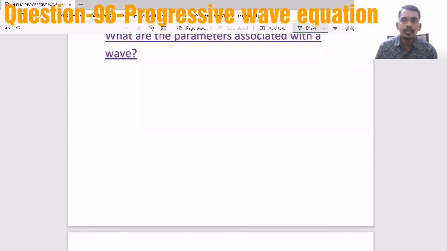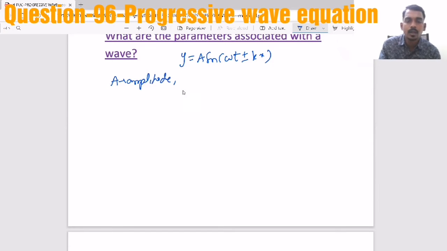Now, what are the parameters associated with a wave? As we have taken y equal to a sine omega t plus or minus kx, a is the amplitude. Amplitude means maximum displacement. Omega equal to 2 pi by T is the angular frequency, where T is called the time period.